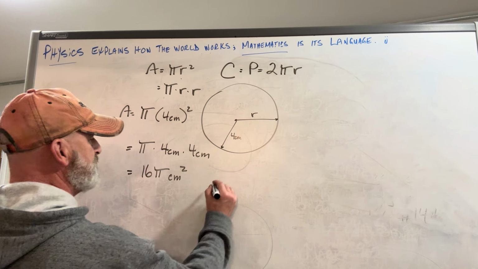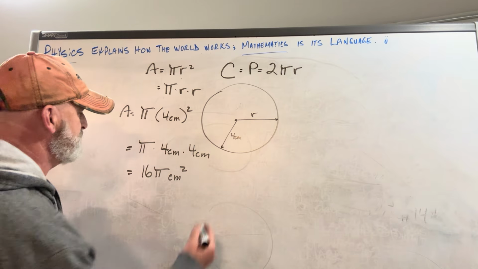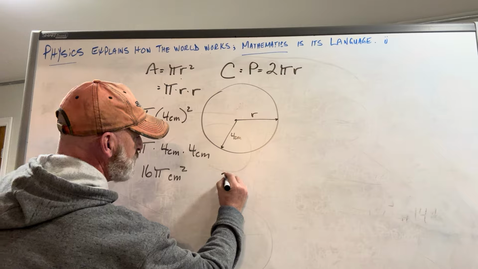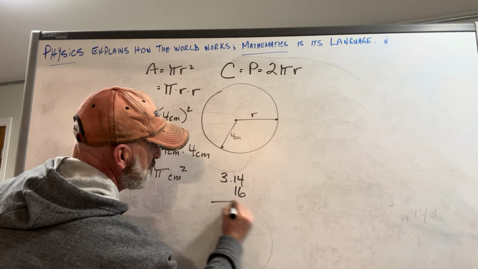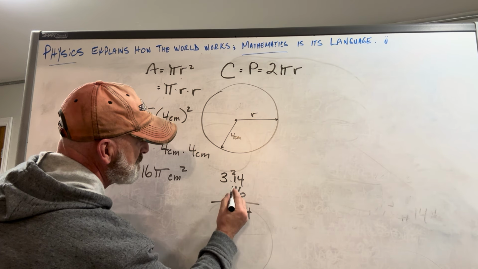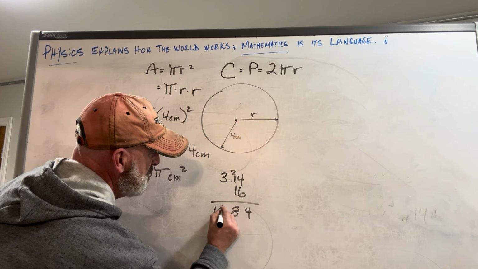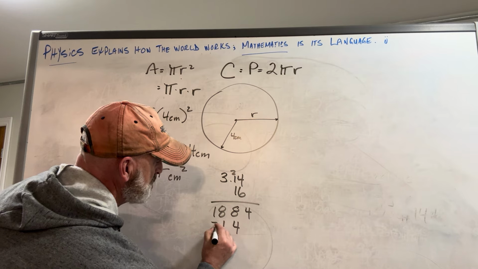Now, you could ballpark it. Let's do it just for fun, because we could use 3 and that would be too easy. But let's use 3.14 times 16 to get a really good number. 6 times 4 is 24. 6 times 1 is 6, plus 2 is 8. 6 times 3 is 18. 1 times 4 is 4. 1 times 1 is 1. 1 times 3 is 3.